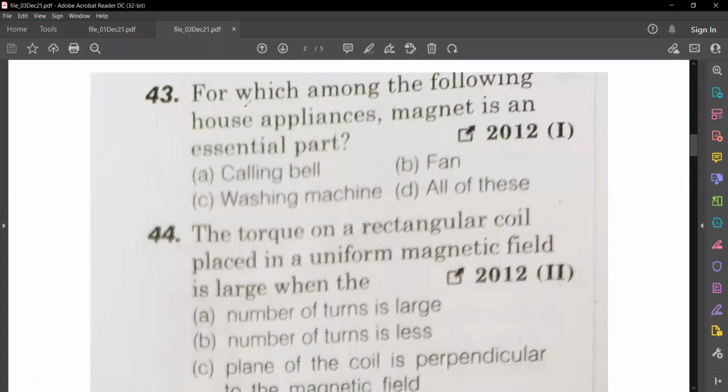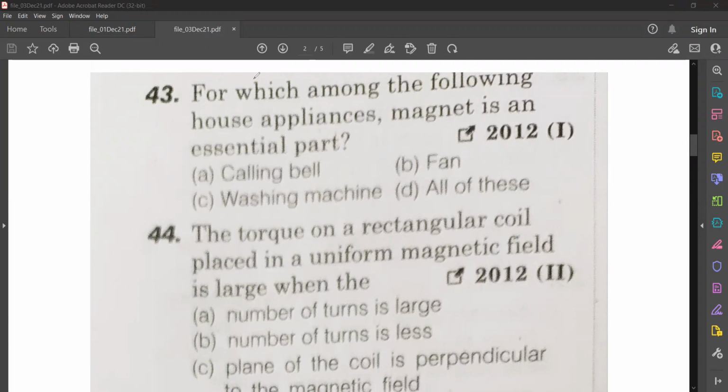The question is, for which of the following house appliances is a magnet an essential part? Options: calling bell, washing machine, fan, all of this.